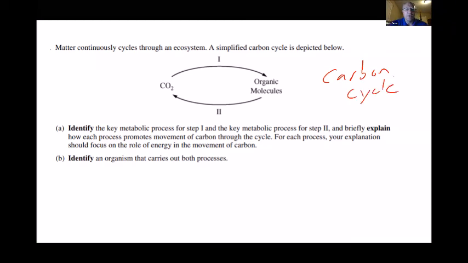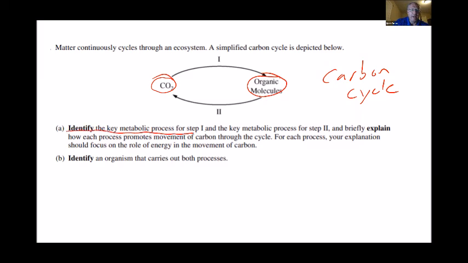All right, so really this is a question about the carbon cycle. And there's two main processes in the carbon cycle. One of them takes carbon dioxide and uses that to make organic molecules. So notice our first question, identify the key metabolic process for step 1 and the key metabolic process for step 2.